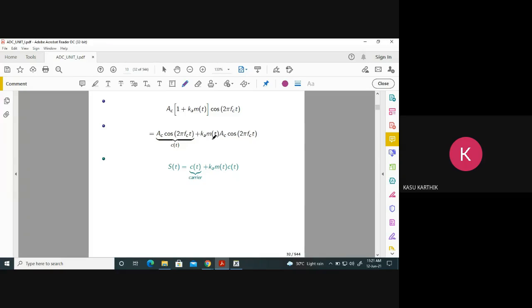And Ka m of t times c of t is the second term. So s of t finally can also be written as c of t plus Ka m of t into c of t.